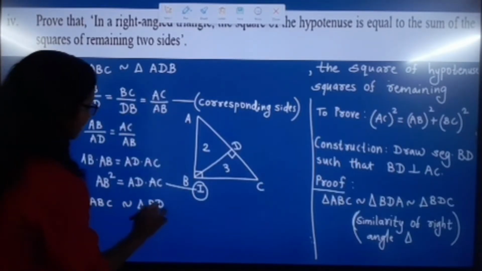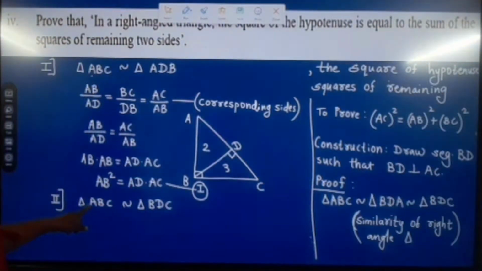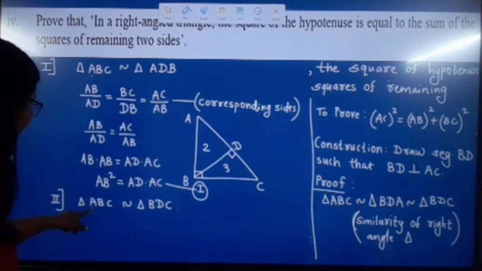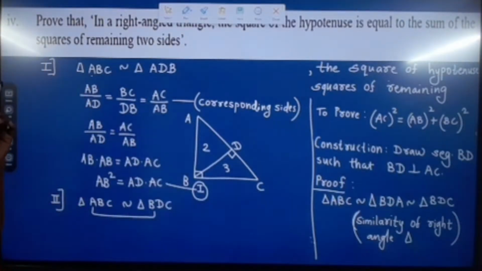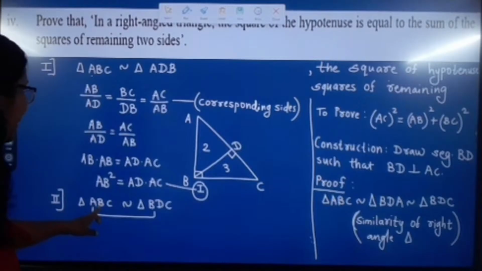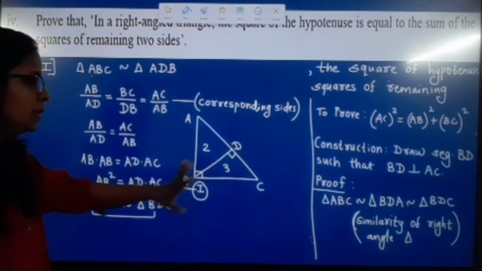First we check whether that similarity is correct or not. So here angle A is congruent to angle B in BDC. Yes, B is 90 degrees, D is 90 degrees. Correct. C is common in both triangles.